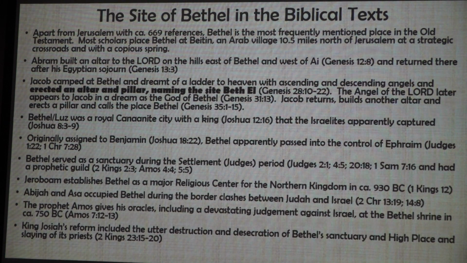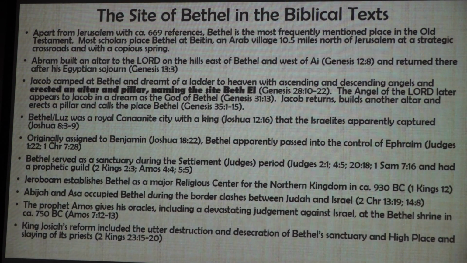Now, when the kingdoms of Israel and Judah split, Jeroboam, the first king of Israel, establishes Bethel as a major religious center for the northern kingdom, and this is around 930 BC. Now, after that schism, both Israel and Judah fought each other, and the border switched back and forth.